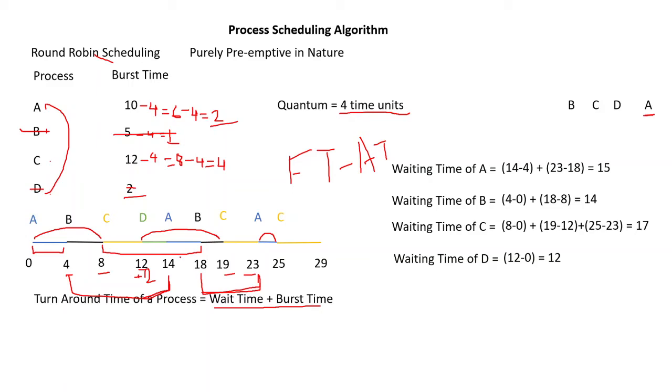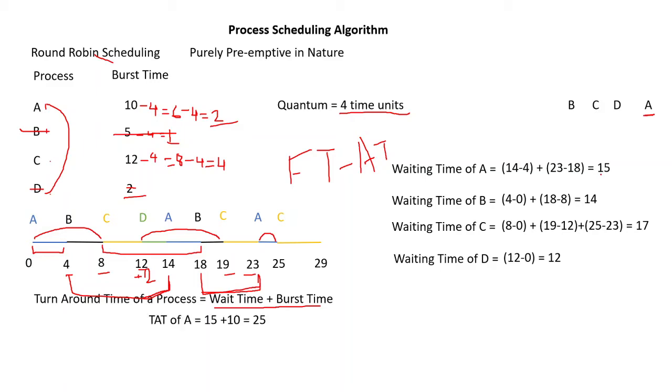I have used this one because in complicated charts like this, you don't really have to find out where A actually finished, where A started. So you don't have to remember so many things. You just find out the wait time and add the burst time to that, and you will get the turnaround time for each process.